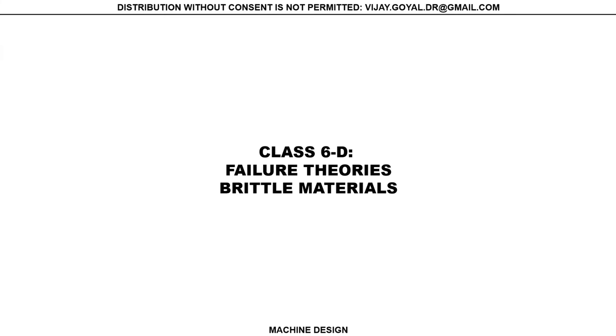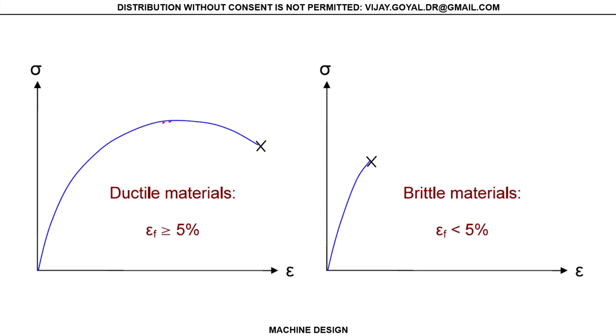In the next topic, we are going to discuss the static failure theories for brittle materials. As we talked, when we talk about brittle materials, we are mainly talking about those materials for which you just abruptly break.